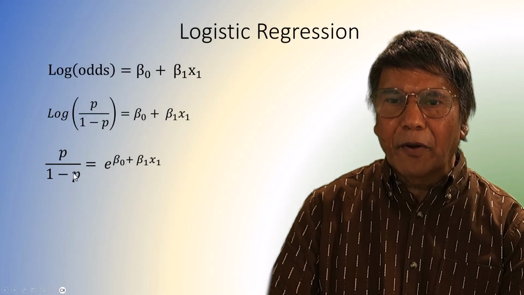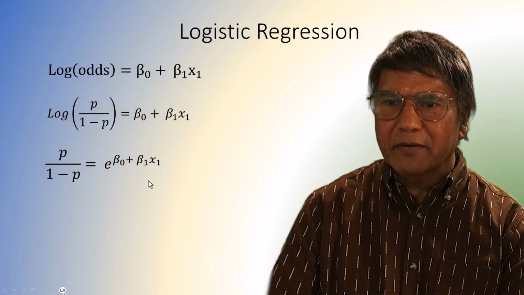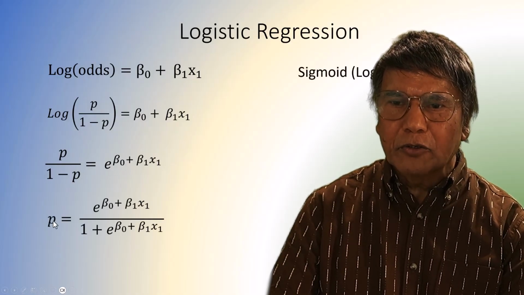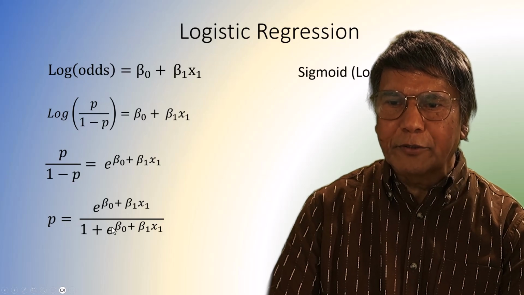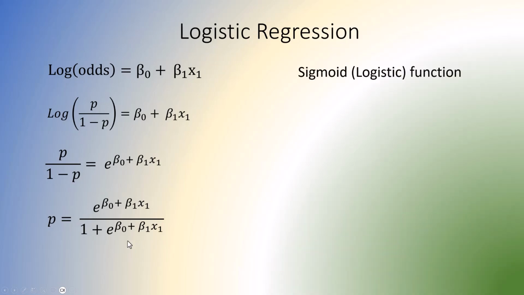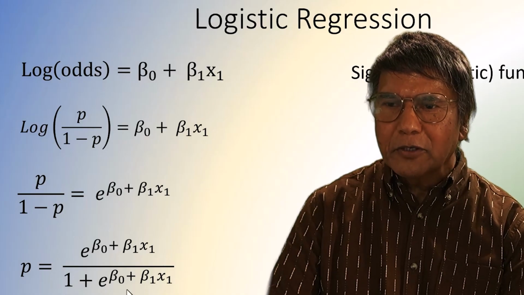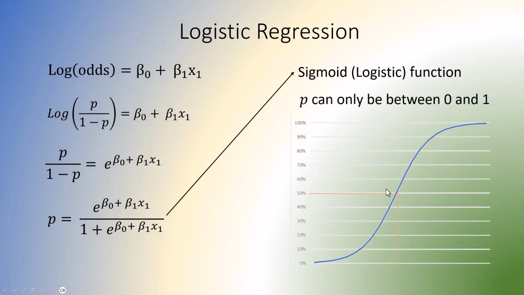So p over 1 minus p becomes e to the power of this. That basically means p equals e to the power of this, divided by 1 plus e to the power of this. And notice carefully, this is the sigmoid function: e to the power z divided by 1 plus e to the power z. And if you plot this, you'll get the sigmoid curve like this one there.